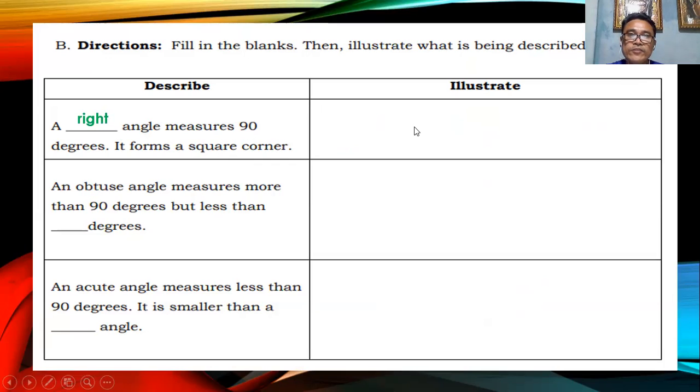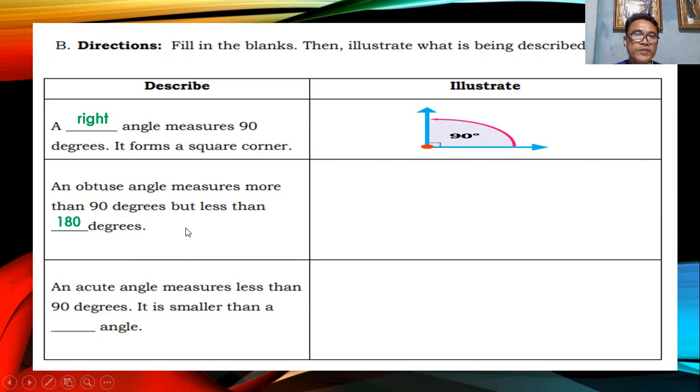And look at this illustration. This angle is a right angle. It measures 90 degrees.